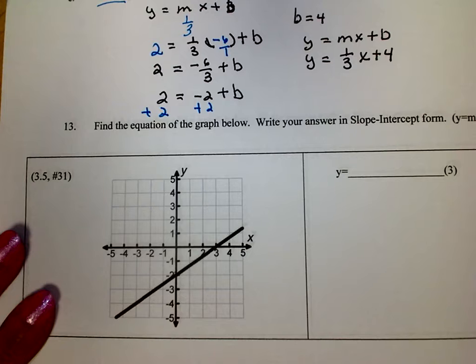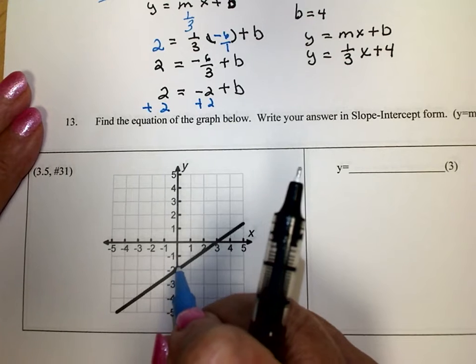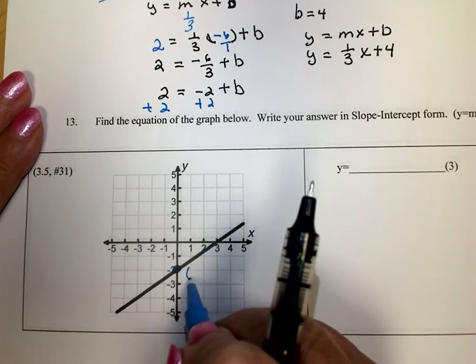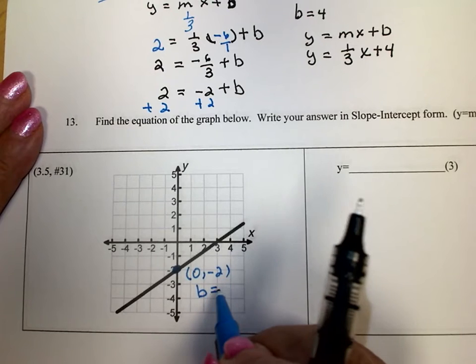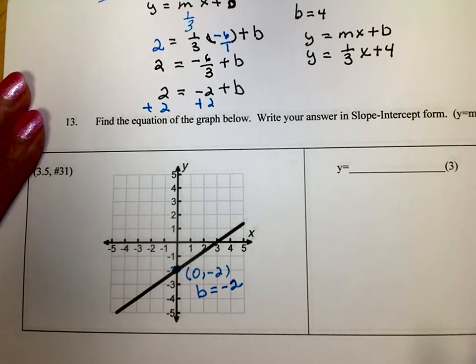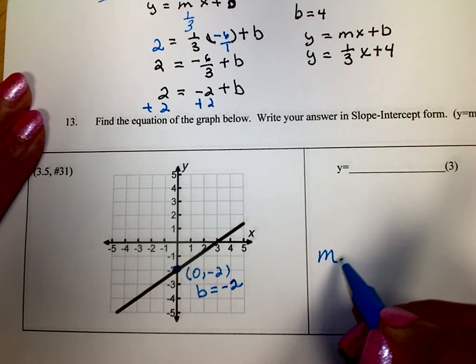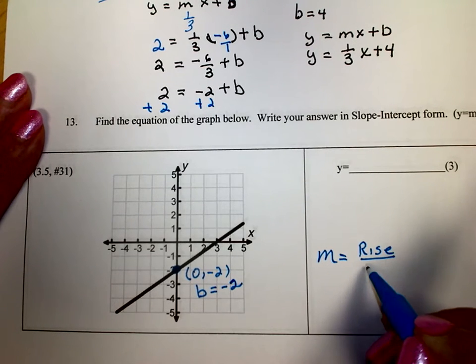On this last one, what you're looking at is a graph. Well, the good news is I have the y-intercept, and the y-intercept is (0, -2). So b equals -2. I just need the slope, but I know that the slope is rise over run, so I can get it directly off the graph.